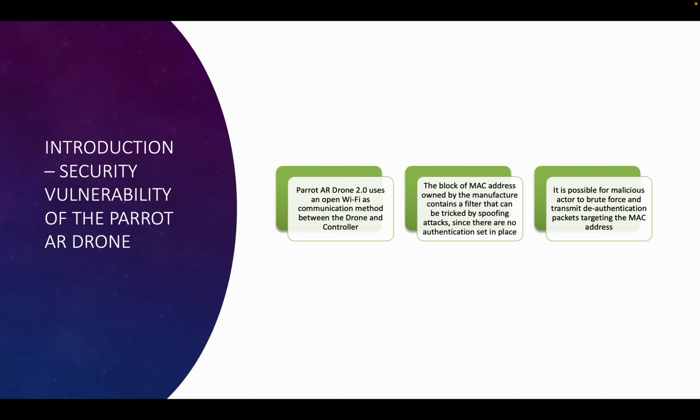The filter is very easily tricked and could be spoofed by the de-authentication packets, so because of the monitoring mode, the advanced technologies that have been developed will be able to easily detect and exploit them.